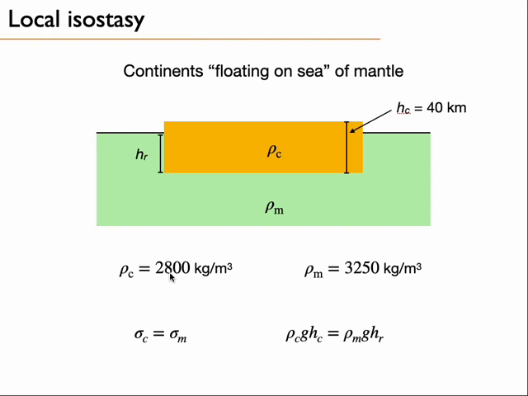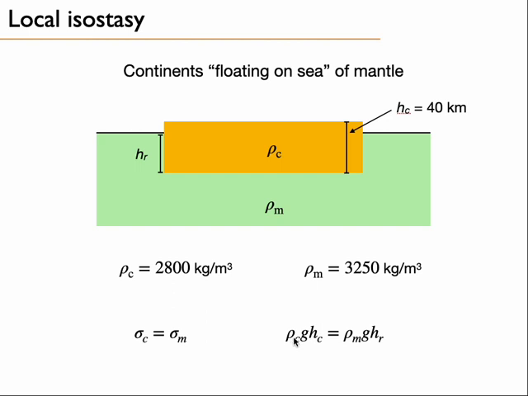Now we set sigma c equals sigma m. So sigma c is the load exerted by the crustal column down to the base here, and it should be equal to the load exerted by a mantle column down to this depth here, the compensation depth.